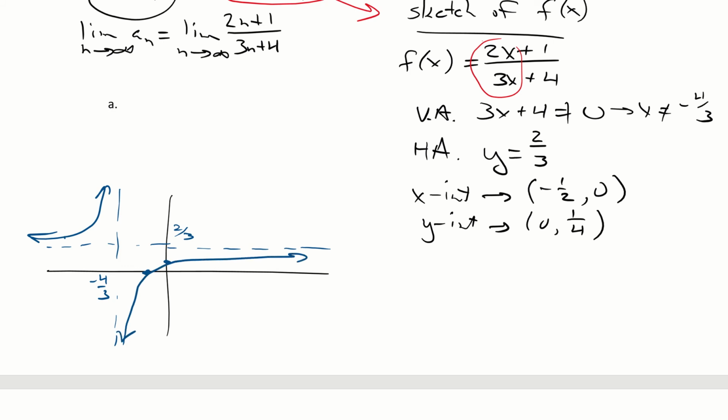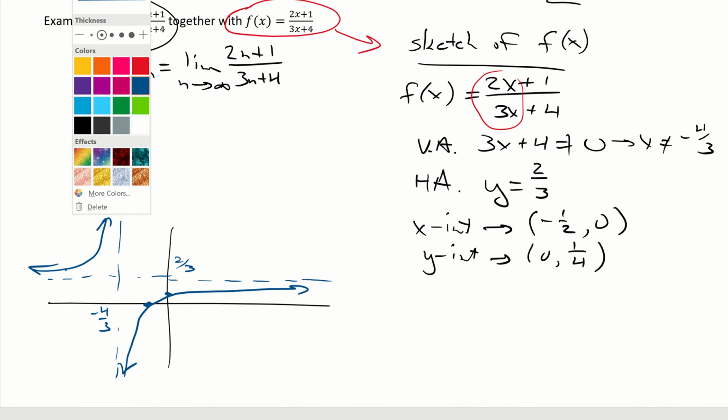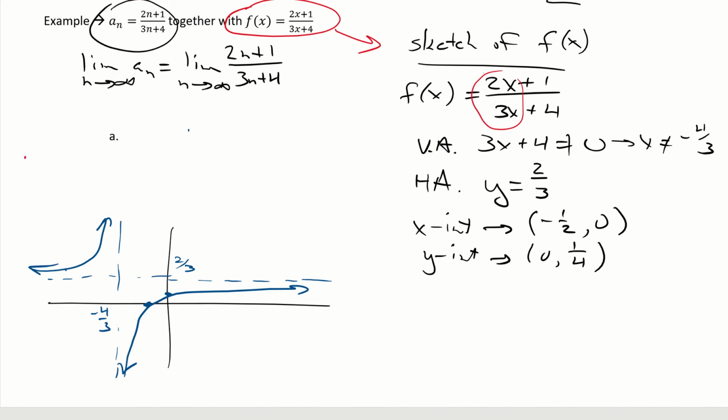Remember where we are? We're dealing with sequences. Who cares about all this graphing nonsense? We already did that in Calc 1. We're good with that, I hope. But here's the thing. The sequence itself, remember, is a function that goes from the counting numbers to the reals.